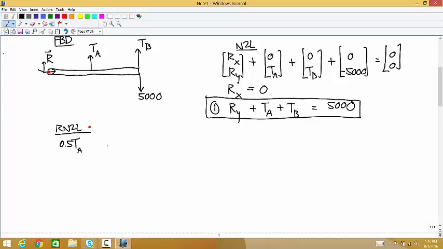Same with TB, but what's the moment arm for TB? 1. Yep. And then the moment arm for the 5,000 is also 1. And would that be positive or negative? Negative. So we get a second equation that says 0.5 TA plus TB is equal to 5,000.